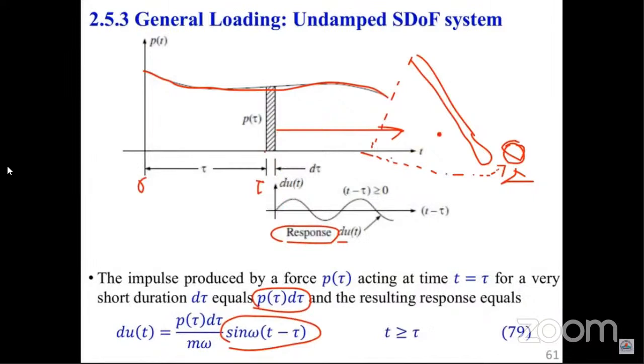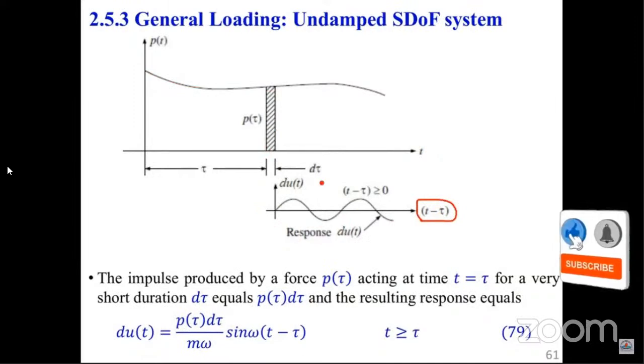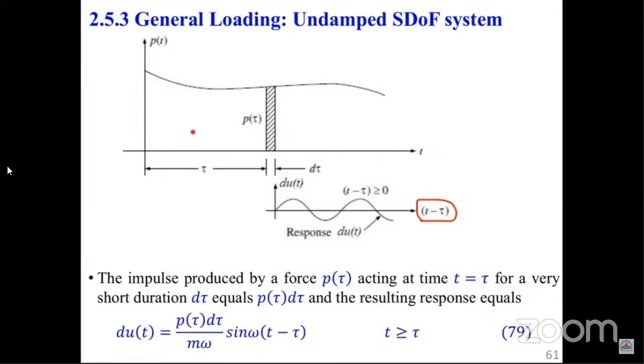This is for this region, and that's why the time we consider for this curve below, the horizontal axis for our response, is t minus tau. The overall time is t, but we negate time tau, which is the time before the force was applied. Okay, so now we have the response due to that impulse, the response due to this impact. Equation 79.